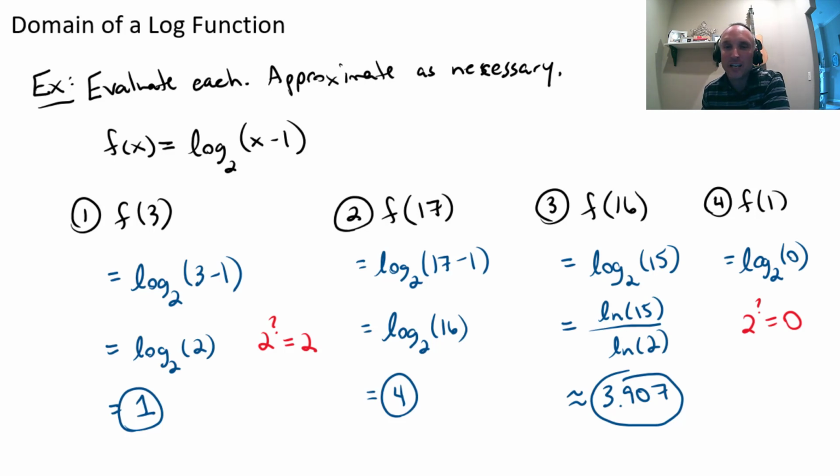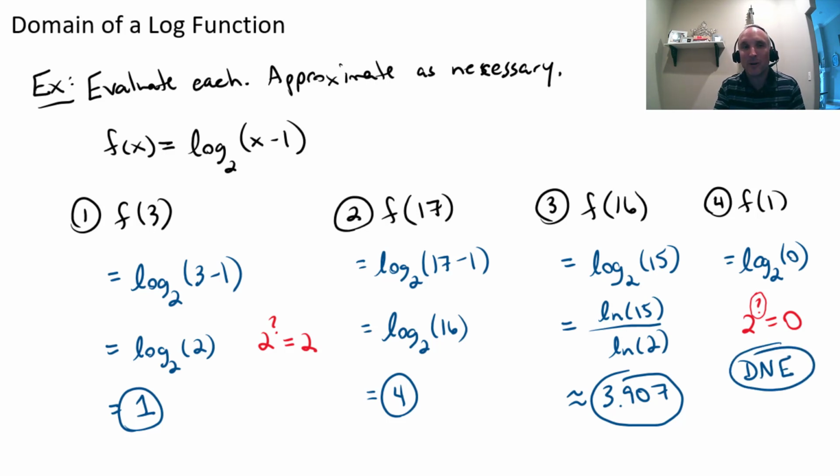If you take 2 to any power, or any positive number to any power, you will get a positive number. So it's impossible to plug in an exponent here on a 2 and get anything other than a positive number. I can't get a 0. So this value does not exist. The function doesn't have an output here.